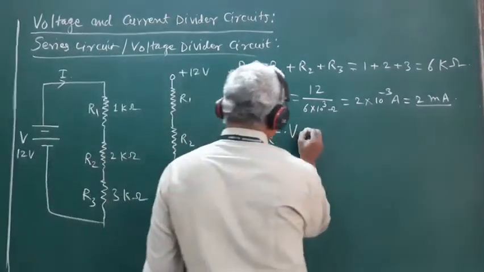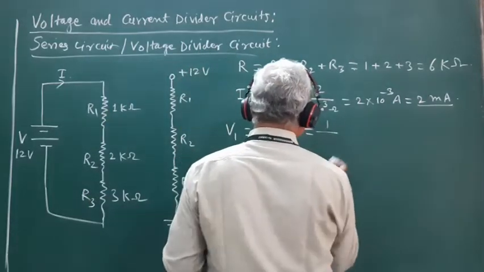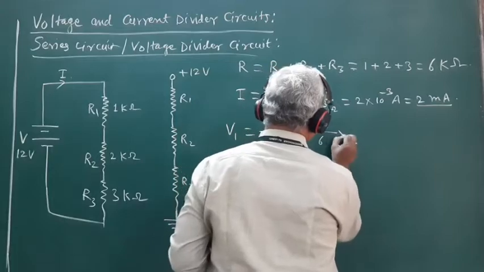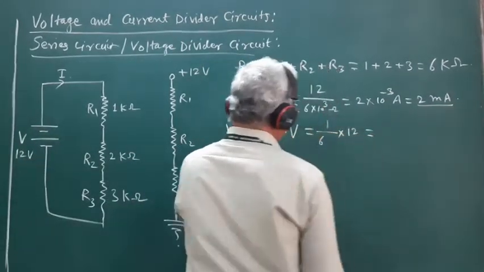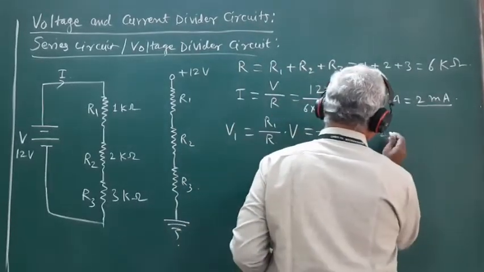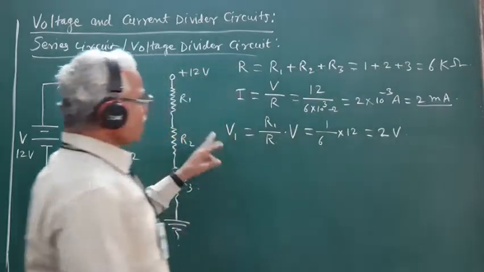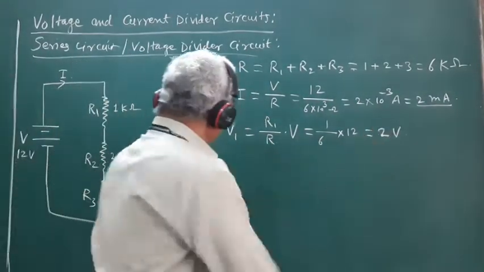So this is equal to R1, 1 kilo ohm, divided by the total resistance of the circuit, 6 kilo ohm, multiplied by the applied voltage, 12 volt. So this is 12 by 6, which is equal to 2 volt. So the potential V1 across R1 is equal to 2 volt.